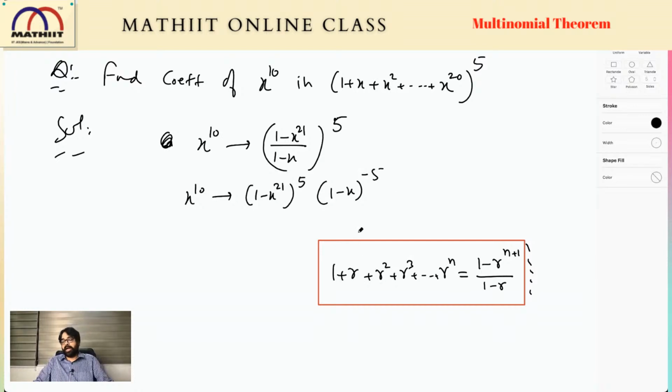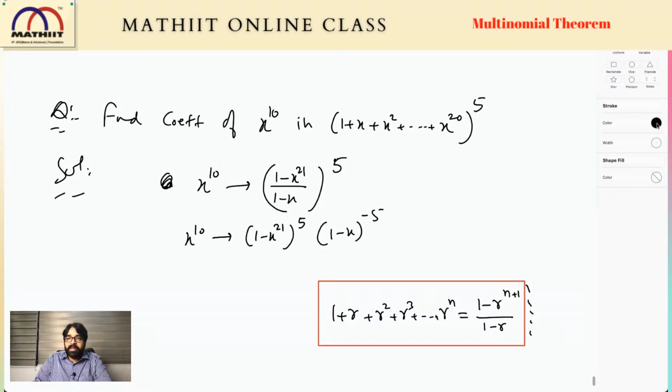Do you understand? Now here, the biggest challenge is going to come. Coefficient of x power 10 in this. Think about this one. Please listen, everybody. Think about this: 1 plus y power something, to the power 5.